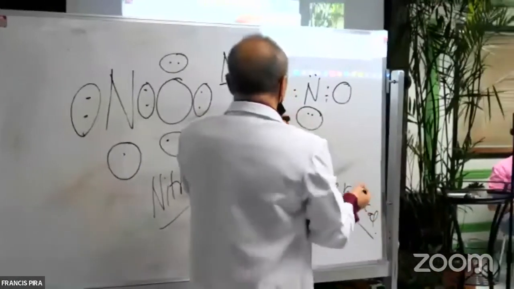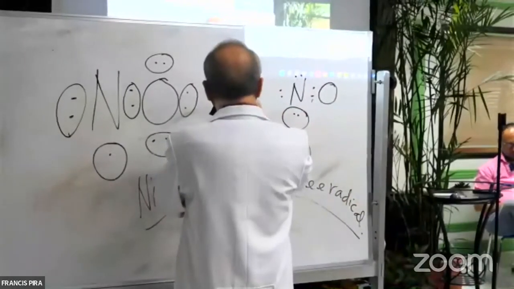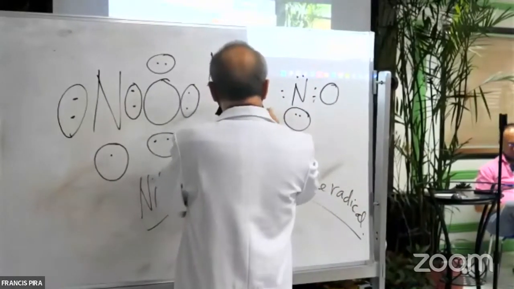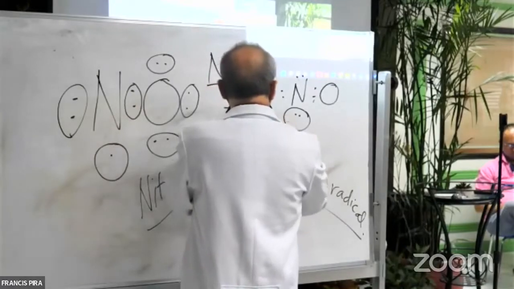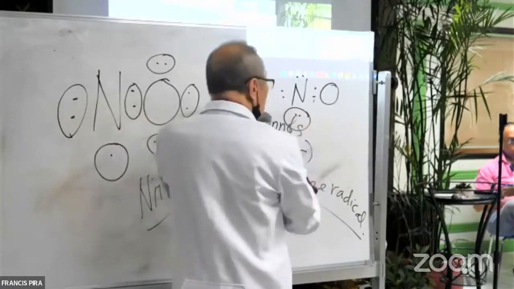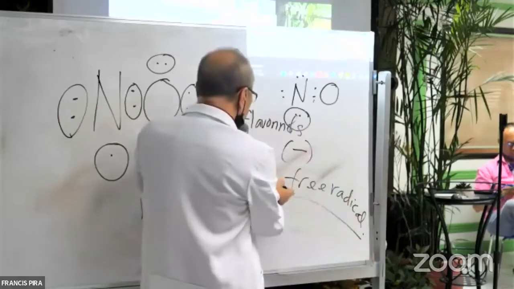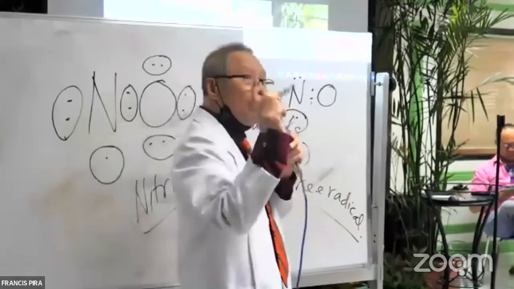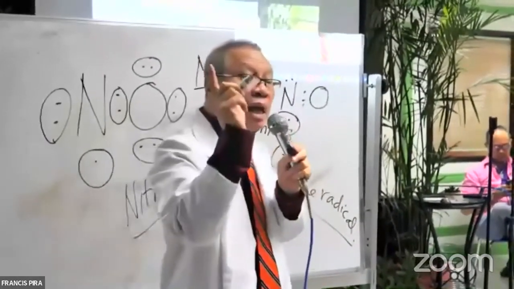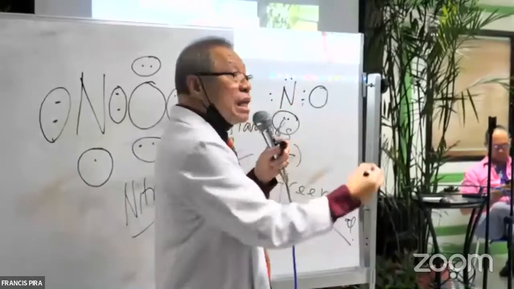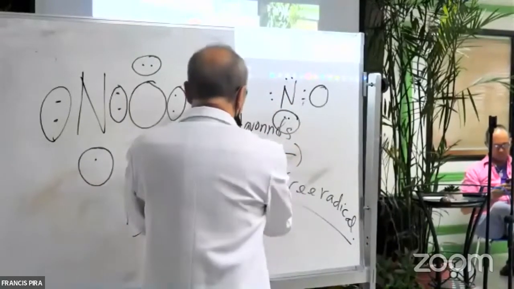So that's why the nitric oxide has to be coupled with flavonols. The flavonols will actually counter the free radical. As we mentioned, a free radical is a very dangerous molecule, but this is now counteracted.